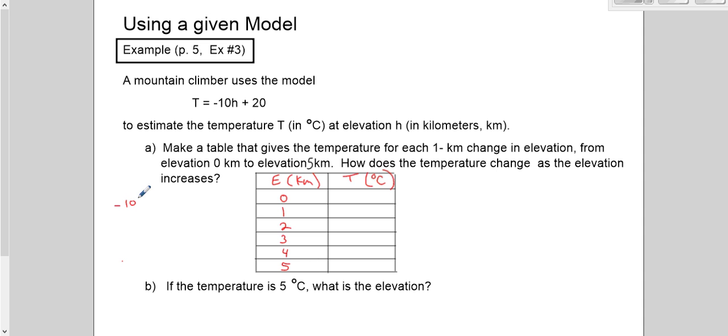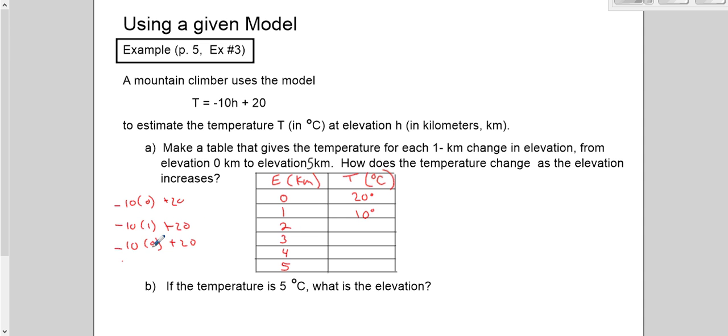So negative 10 times 0 plus 20, that's 0 plus 20, so I get 20 degrees. When I plug in 1, I get negative 10 times 1 plus 20, that's negative 10 plus 20, which is 10 degrees.